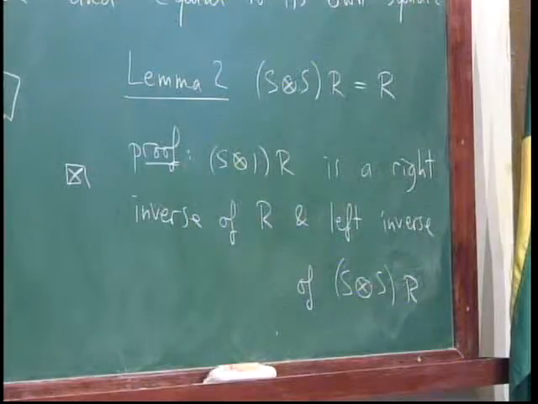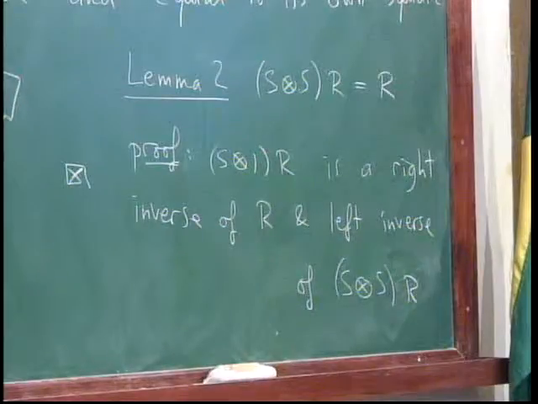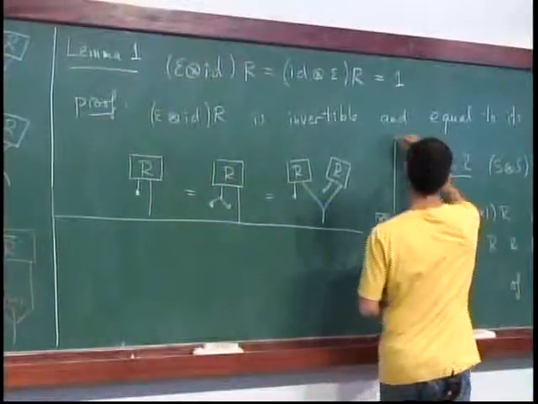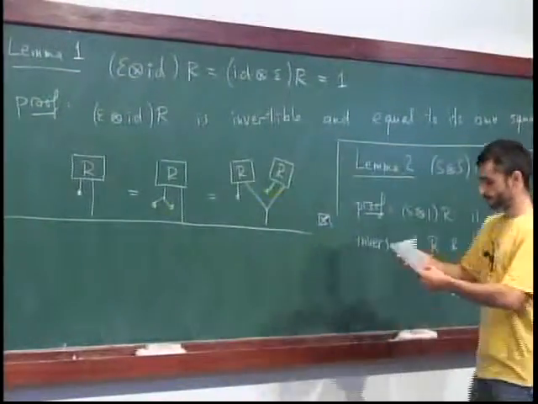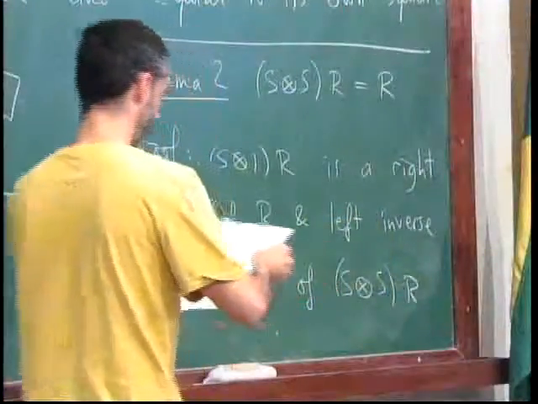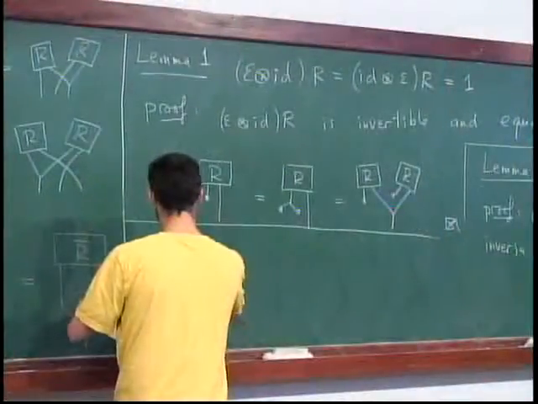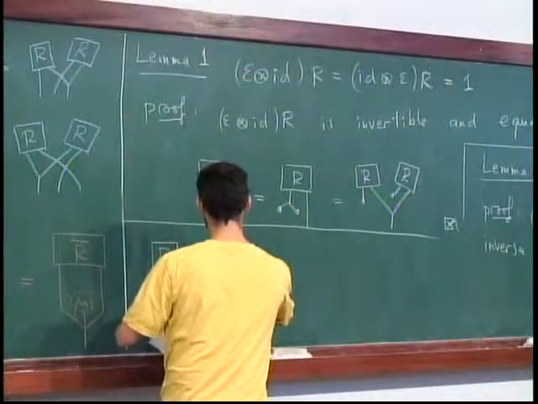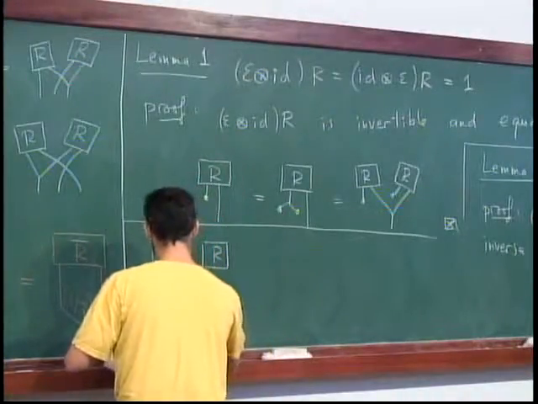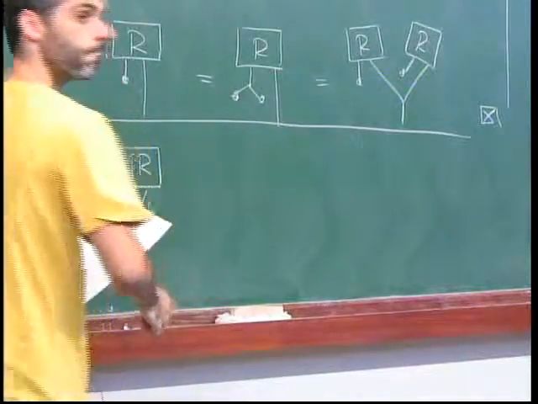Okay, so I've started the proof there. Now let's see, this belongs to that. So let me first show that this is a right inverse to that. So here's how it goes. I take R and multiply it on the right with R with a little s on this leg.